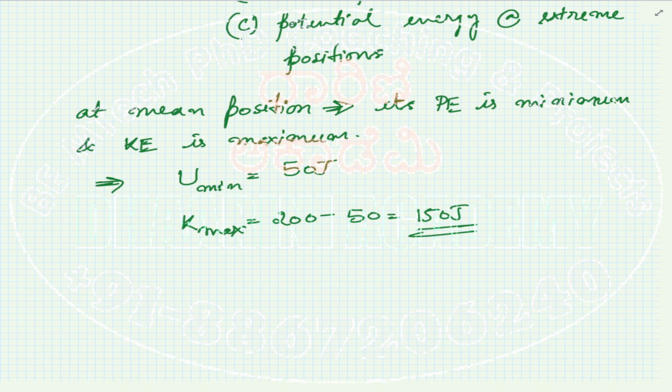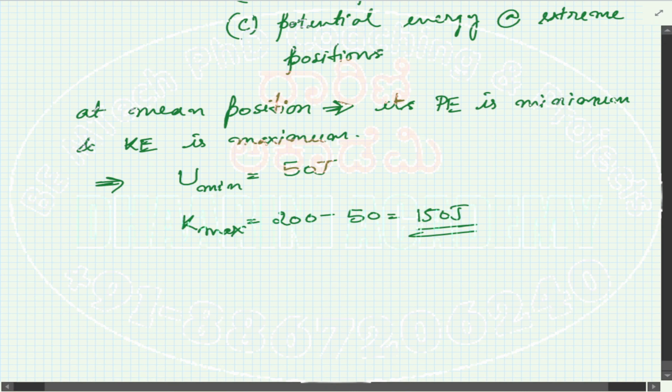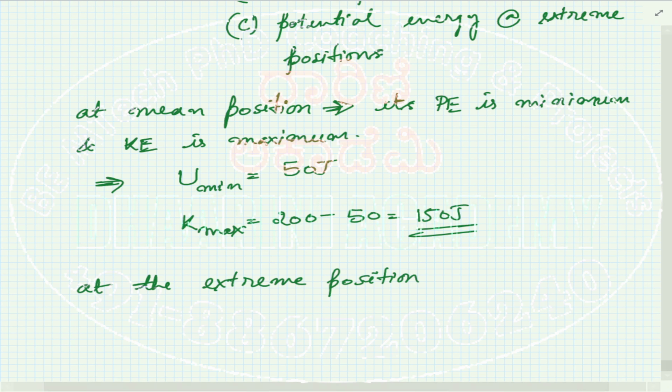Now you see that at the extreme positions there is no kinetic energy because whichever particle is oscillating, its velocity is zero at the extreme position because it has to turn back and go to the path in which it was coming earlier, right? So now we'll write that point. So at the extreme position, what we are considering, right?